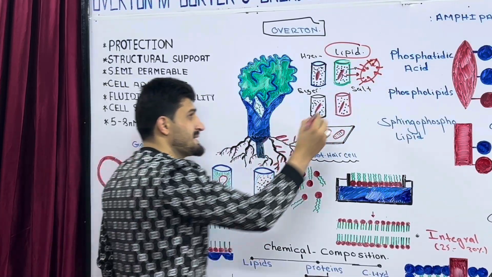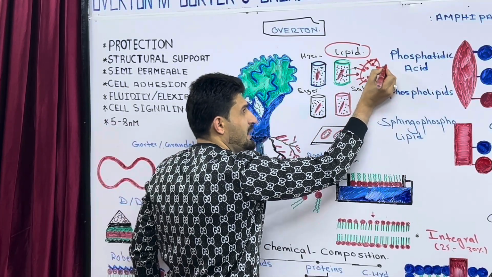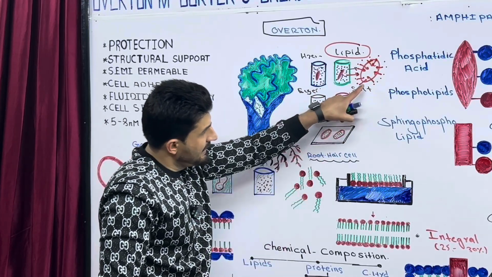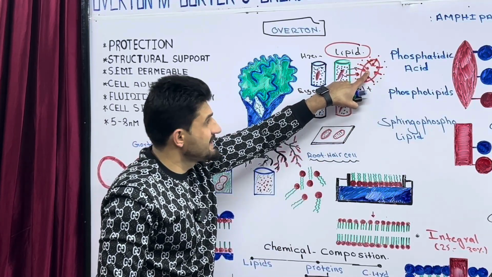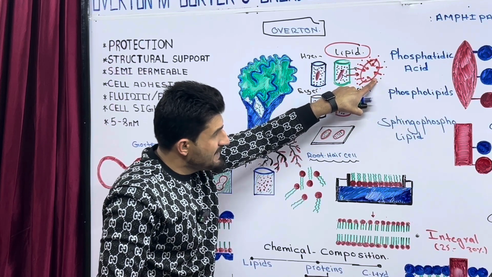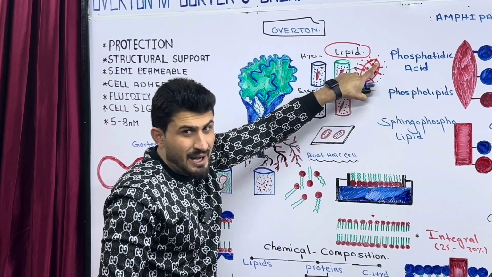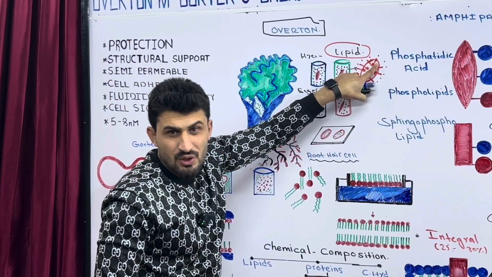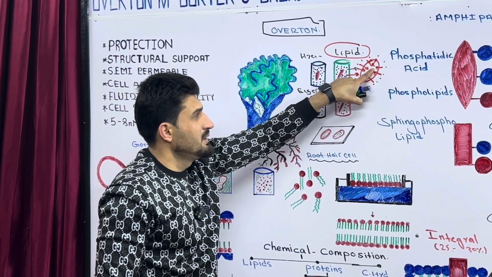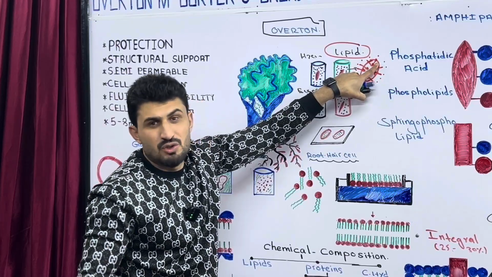Based on this, he said that because lipid soluble things can pass easily through the cell membrane, the cell membrane might be of lipid nature. So he said that the cell membrane is made of a lipid structure.